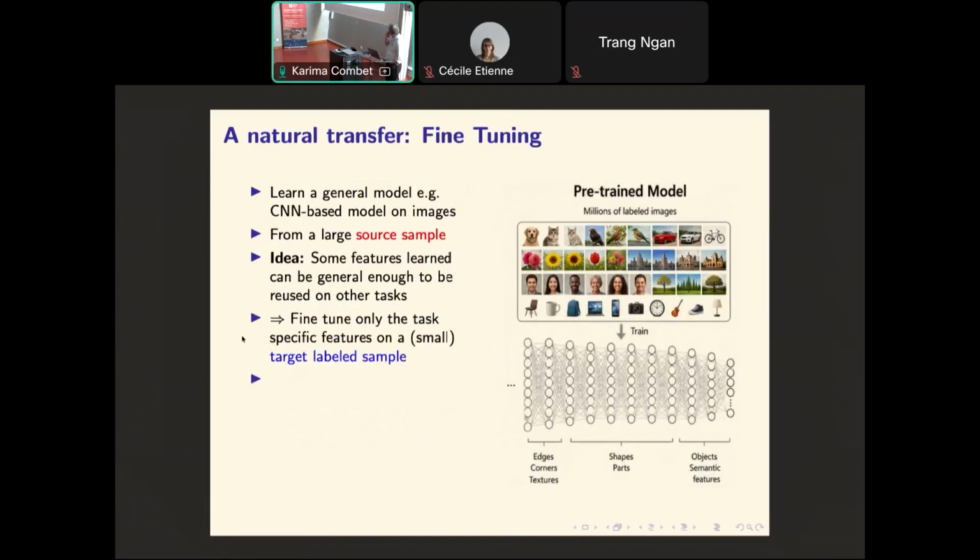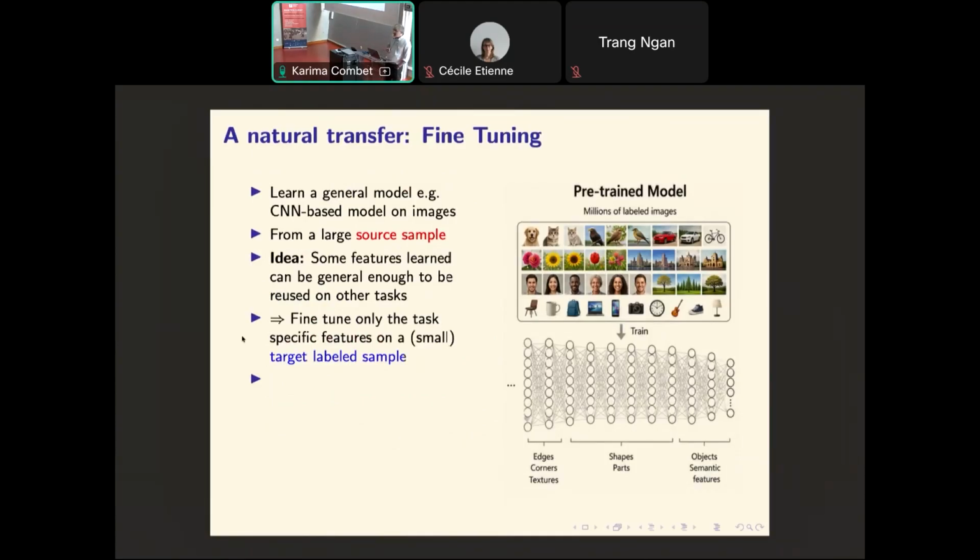Okay. The basic transfer learning approach is fine-tuning. What's the idea? If you have a domain where you have lots of labeled data, you try to learn a possibly big model from this data, let's say a CNN-based model if you have images.